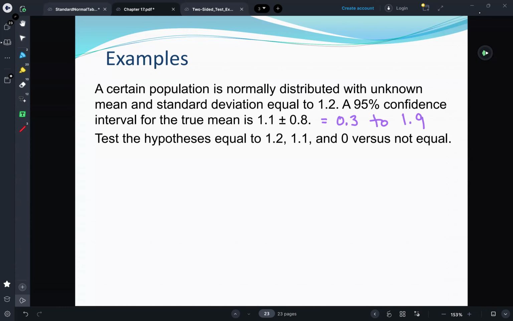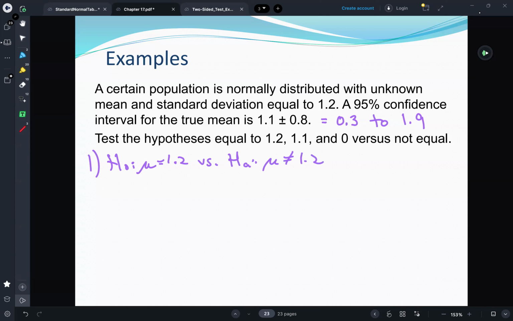So we can test the hypothesis that the mean is equal to 1.2. We'll do one for 1.1 and 0. So let's do the first: the null hypothesis is equal to 1.2 versus the alternative that it is not equal to 1.2.